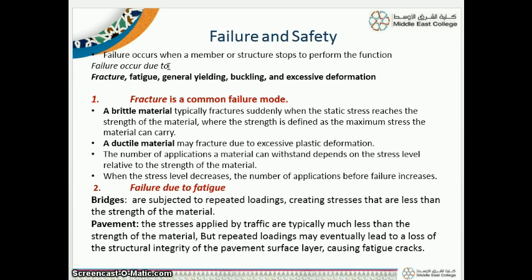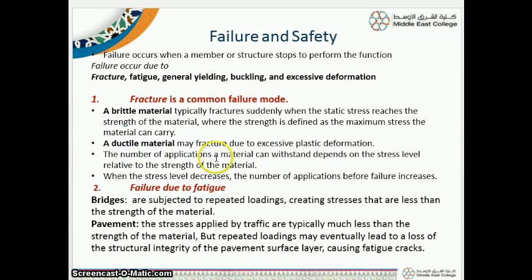If it reaches that stress, failure may occur. In a ductile material, fracture occurs due to excessive plastic deformation. So the plastic deformation becomes excessive, then it fractures.